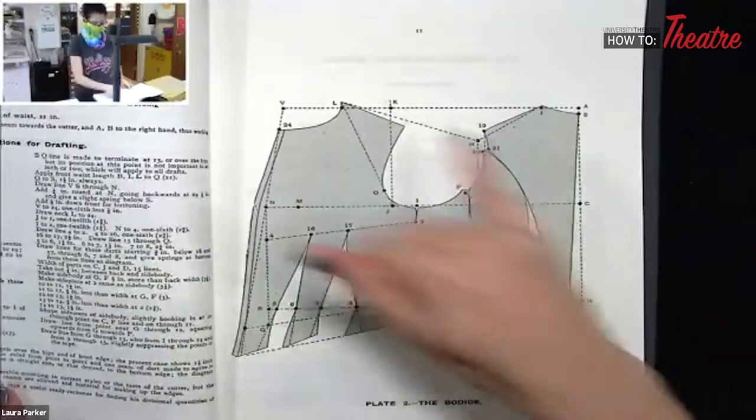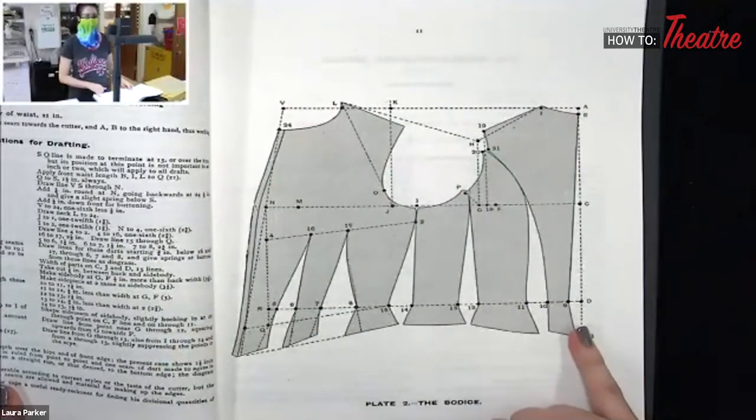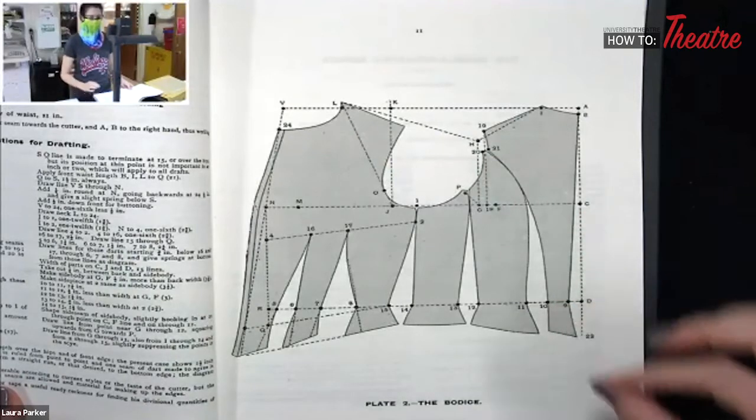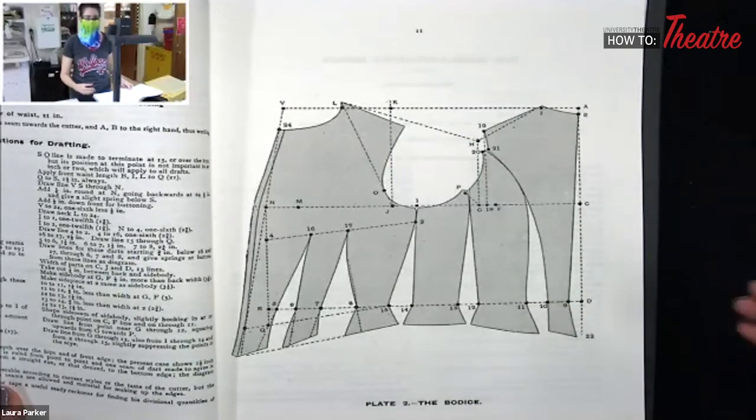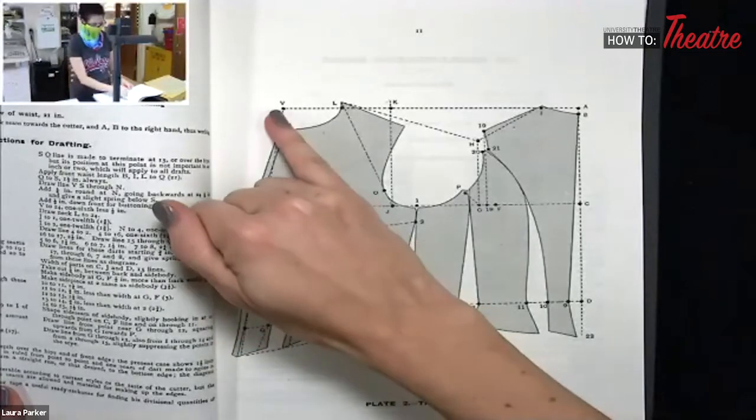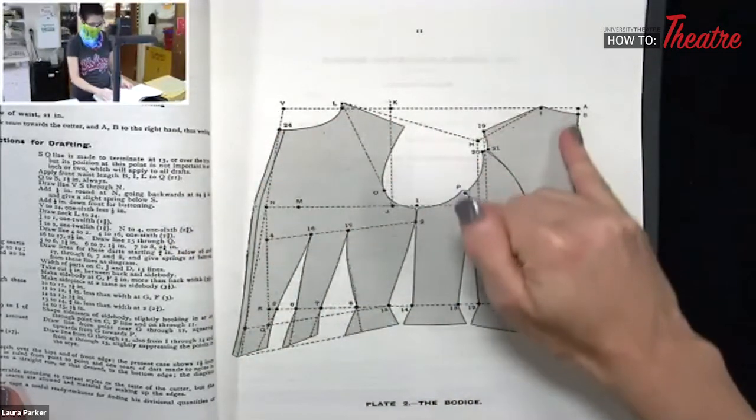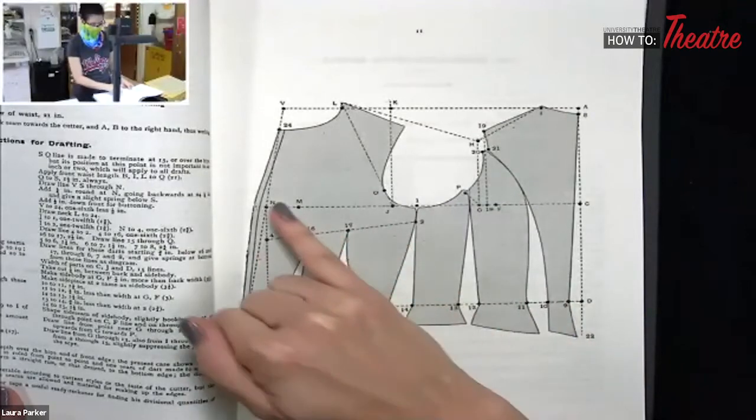And what she would do, and this is actually a really lovely system because it preserves the proportions and extrapolates them out directly for the person whose measurements you're working from. So we have all of these crazy letters and numbers here.